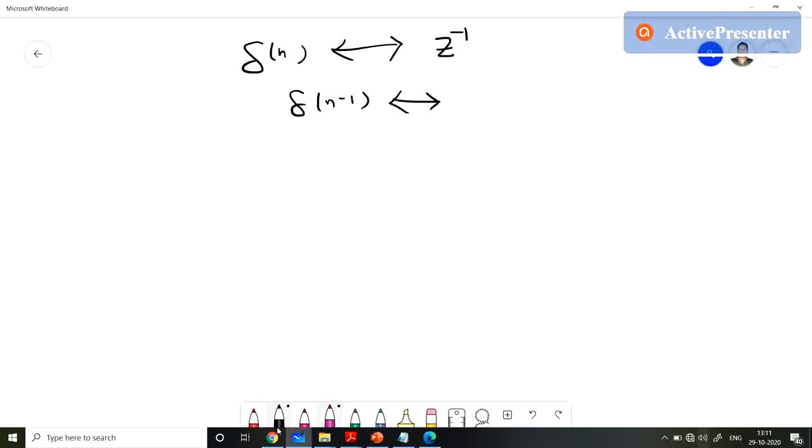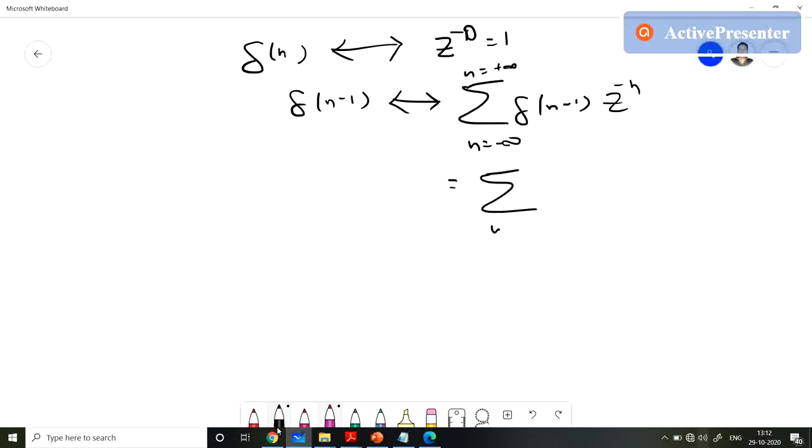It is the summation n equals minus infinity to plus infinity of delta[n - 1] z raised to the power minus n.